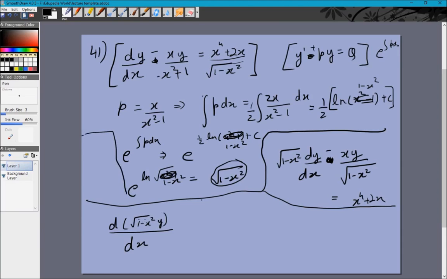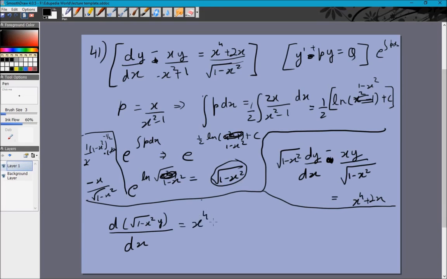Root 1 minus x squared is 1 minus x squared to the power half. So half times 1 minus x squared to the power minus 1 by 2 into minus 2x. So 2 and 2 will cancel. You'll be left with a minus x by root of 1 minus x squared, which is the second term. So the LHS indeed is d by dx of root 1 minus x squared y.